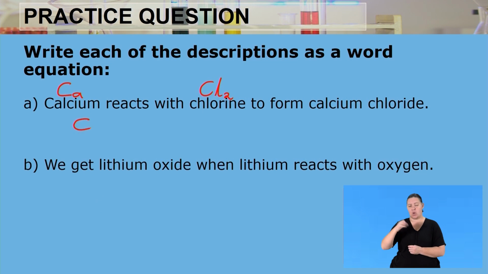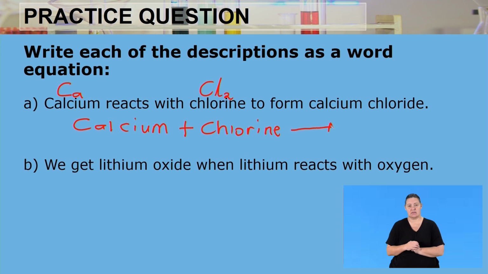This is going to be calcium as one of our reactants. Remember, we're separating the reactants with a plus sign. So calcium plus chlorine. Remember, reacts to form is an arrow, reacts to form calcium chloride.